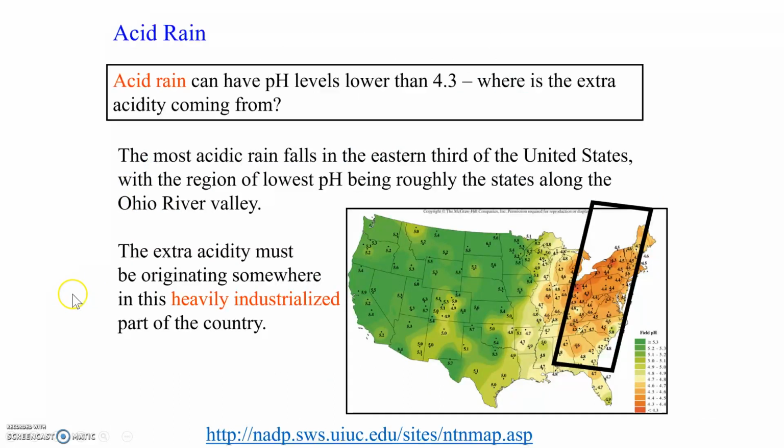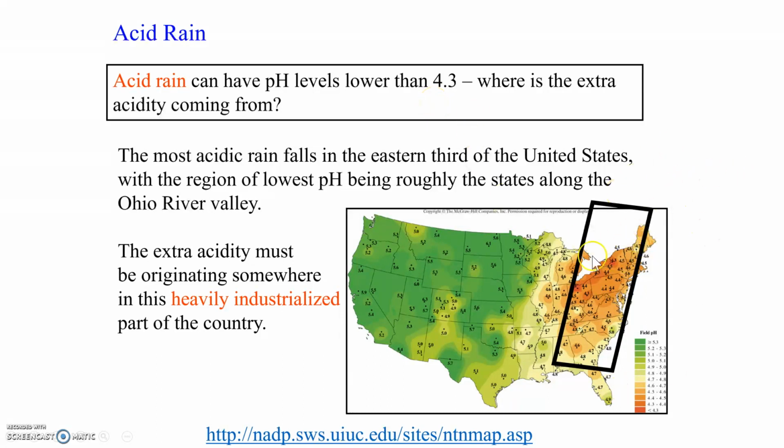The other area in our environment where acid-base chemistry is extremely important is our discussion of rainwater. Rainwater has a pH around 5.3, 5.4 if there are no pollutants added to it. When we add certain pollutants, and we'll look at these pollutants in a minute, we can lower that pH, and acid rain is defined as any rain that has a pH lower than 4.3.